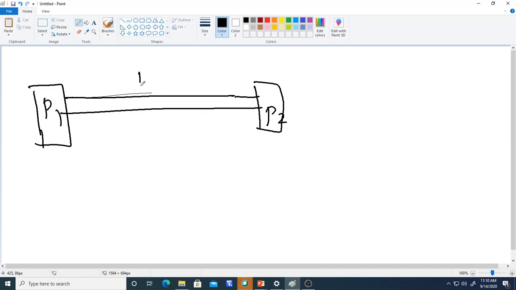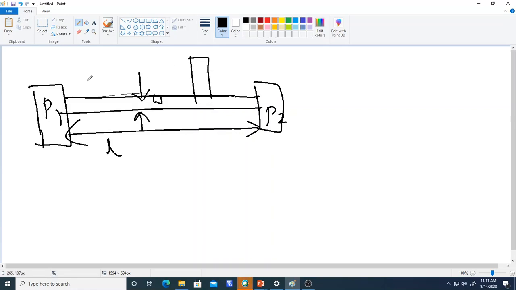It will have some width W and some length L, and you might also insert some other transmission line like this, an open circuited transmission line somewhere here.